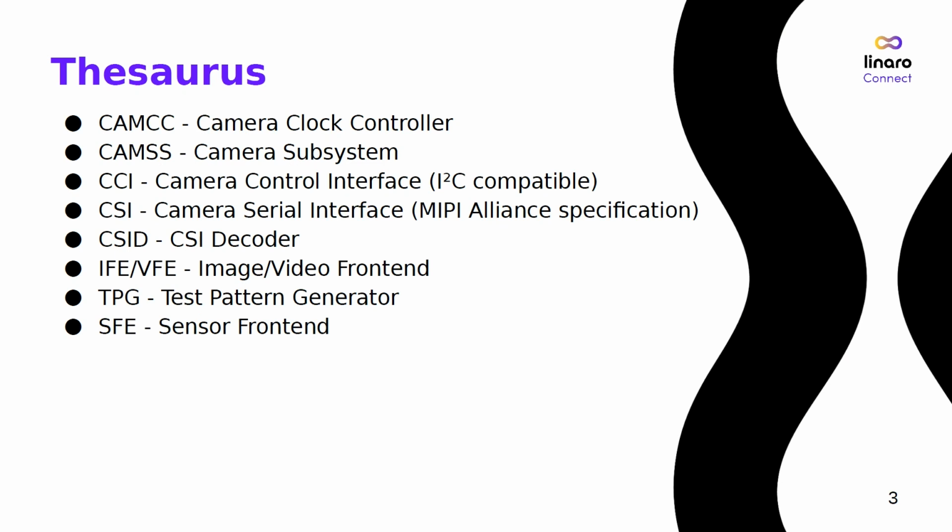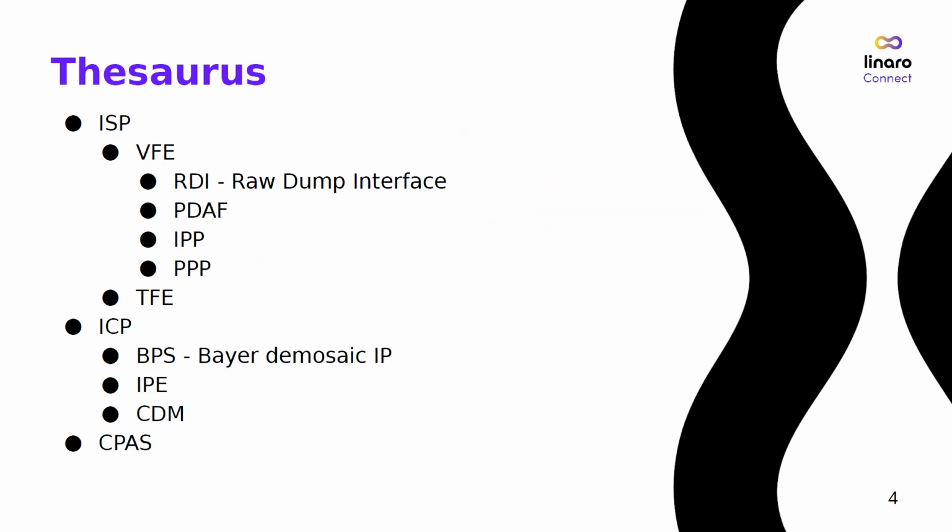Next, CSID, the camera serial interface decoder, IFE, VFE, image and video front end, test pattern generators, sensor front end, and so on and so forth. Even the thesaurus can be very large, so I won't spend more time on it. These things are present in the upstream as well, at least partially, not all of them.